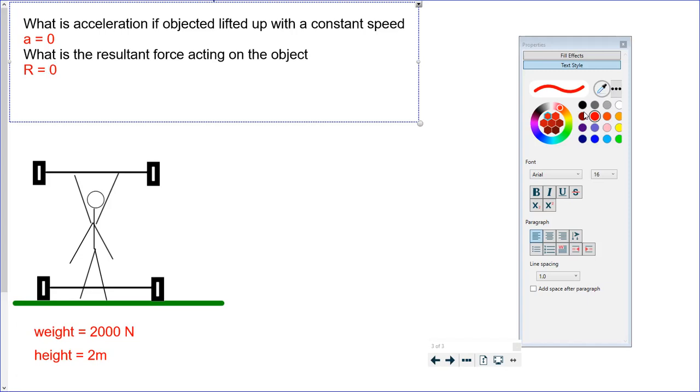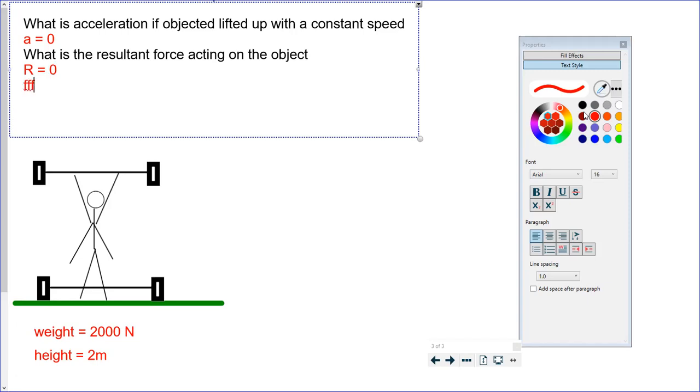So to make the resultant force 0, how much should be the upward force? What will be the upward force acting on it while we are lifting? As we are lifting it, weight is acting downward, which is 2000 Newton.